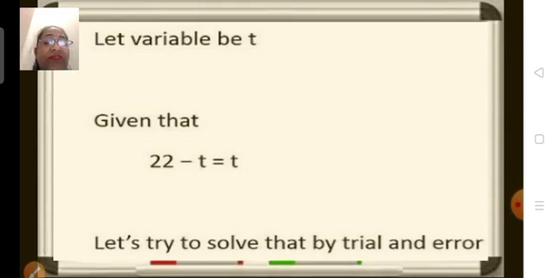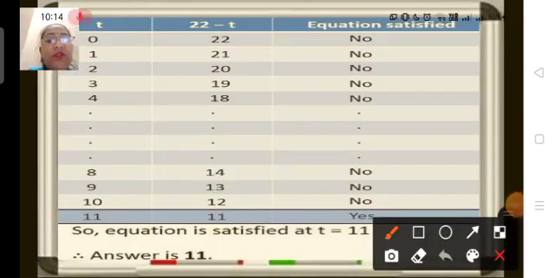Now, this we will solve by the trial and error method. To find out the solution of the equation 22 minus t equals t by using the trial and error method, first we will take the value of t as 0. Then 22 minus t becomes 22 minus 0, which is equal to 22.